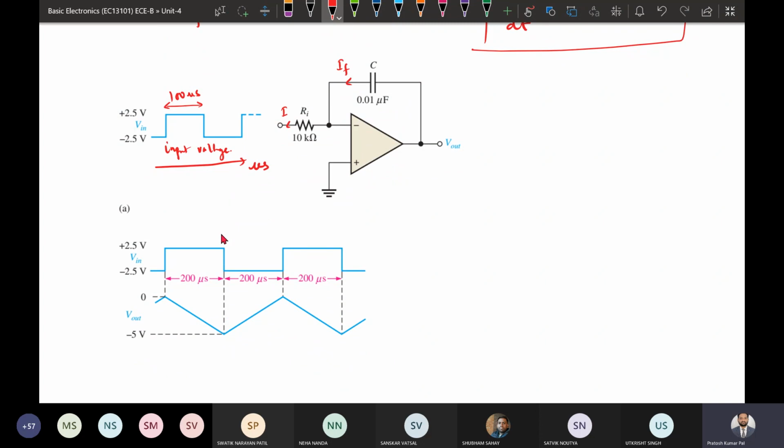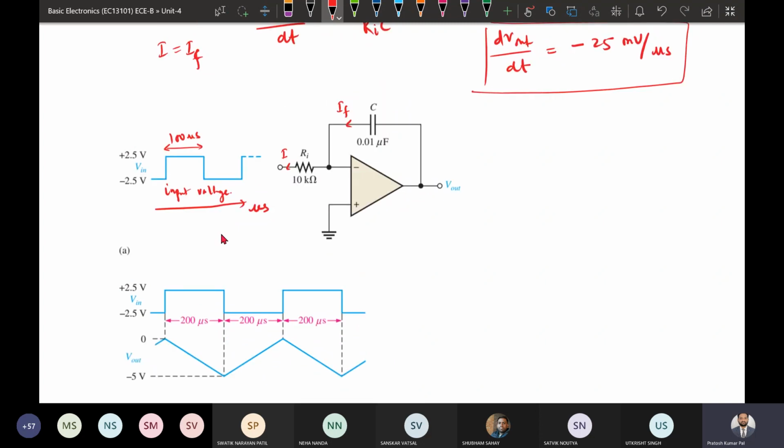So for this 100 time duration, the magnitude is 2.5. If the magnitude is 2.5, at that time the rate of change will be minus 25 millivolt per microsecond. So rate of change means the slope of the output. That output is initially 0, and then it goes to a negative value, and the slope across this we will be finding out.